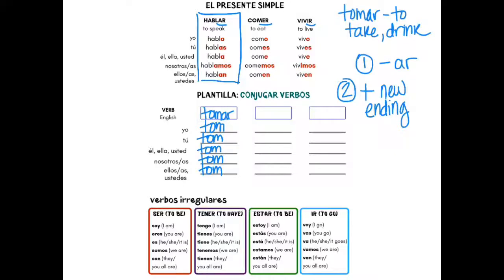So I'm just going to copy the endings from above, from the example. So yo, I'm going to put an O. So instead of yo hablo, I speak, now I have yo tomo, I drink. Tú tomas, él, ella, or usted toma.